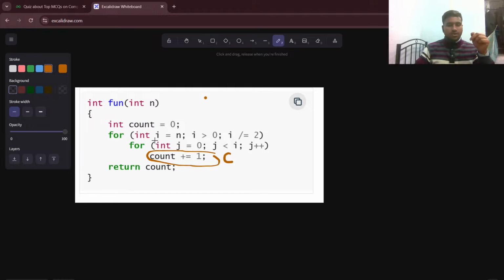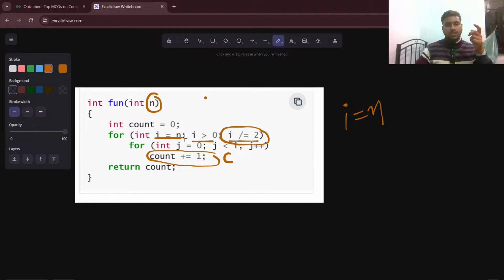Basically the function runs from i equal to n, i greater than 0, and i divided by equal 2. Firstly we have n, where n is the size, and firstly we are assigning i equal to n. Whenever i is greater than 0, the function runs, and after each iteration the value of i is divided by 2.